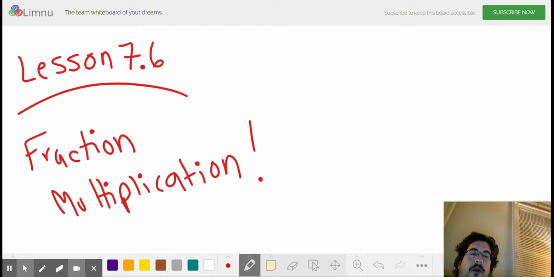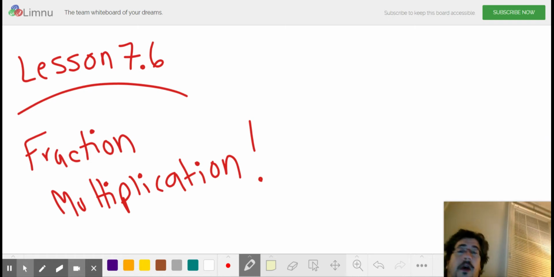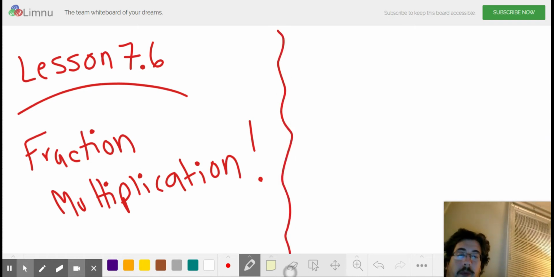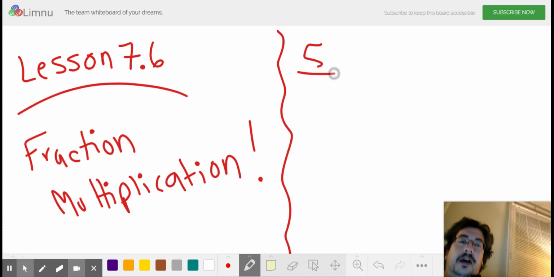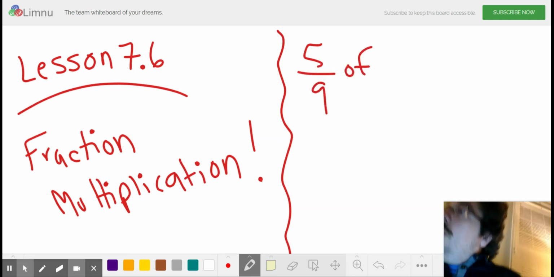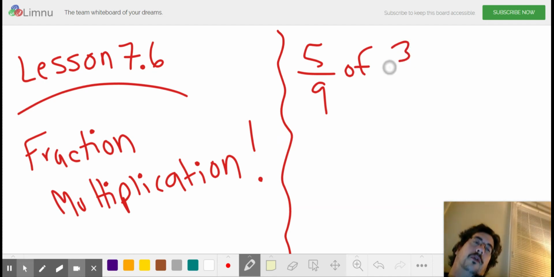So we are halfway through chapter 7, and I think you guys are really going to like this lesson because it's going to be a whole lot of multiplying numerators by numerators and denominators by denominators. So for example, let's get right to it. Let's say we got 5/9 of 3/4 to solve.